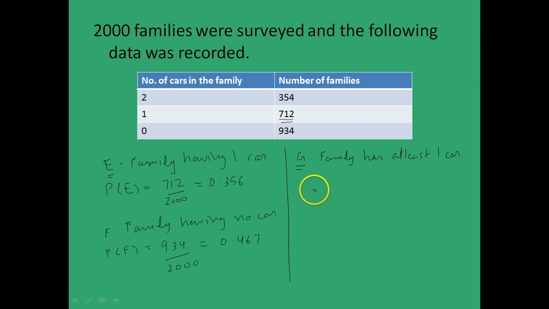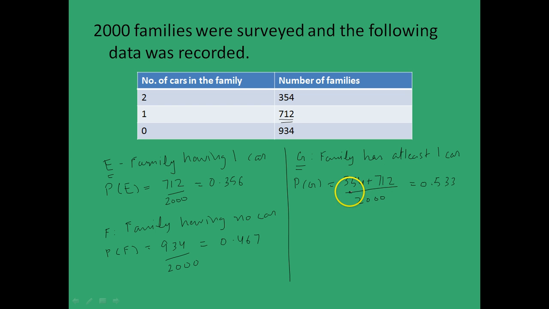And so you write the probability of event G as the number of families having at least one car, that is the sum of the number of families having two cars as well as the number of families having one car. So that will be 354 plus 712 upon the total number of families surveyed, which is 2000, which equals 0.533.